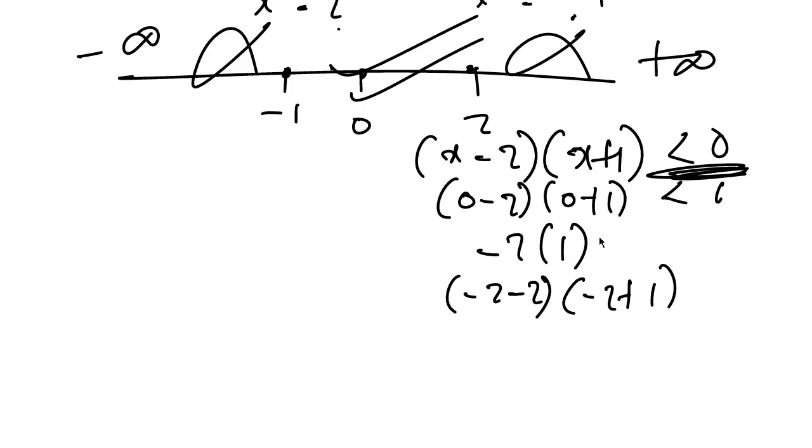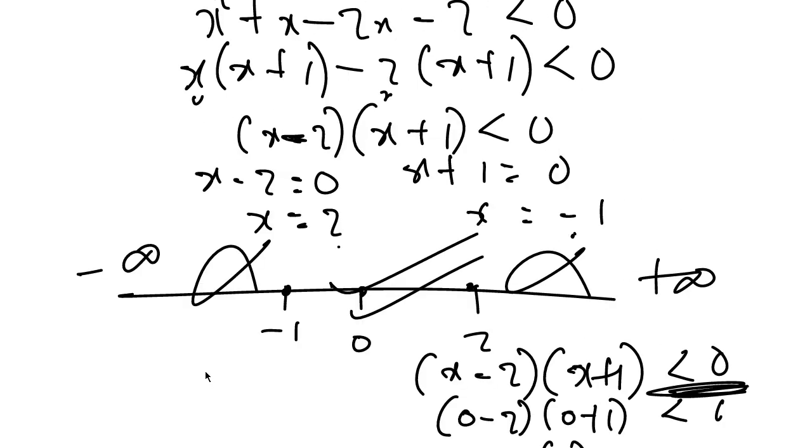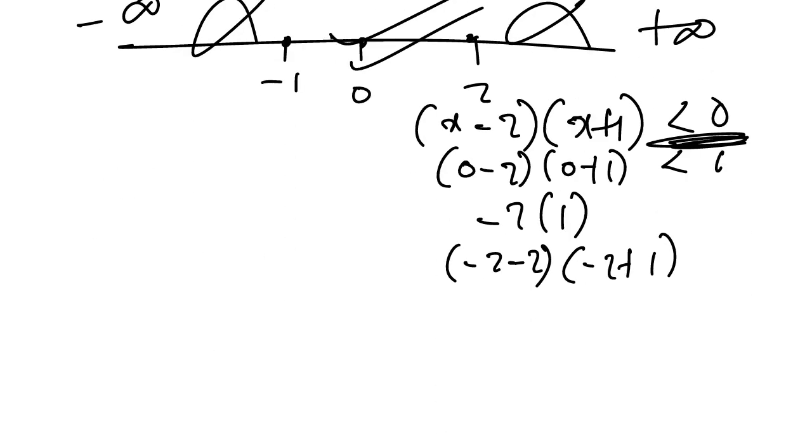So basically, the set of values for which the function decreases is simply the fact that x should be greater than negative 1 and x less than 2, which we could now put together as negative 1 less than x less than 2. If x is greater than negative 1, that means that negative 1 is less than x.